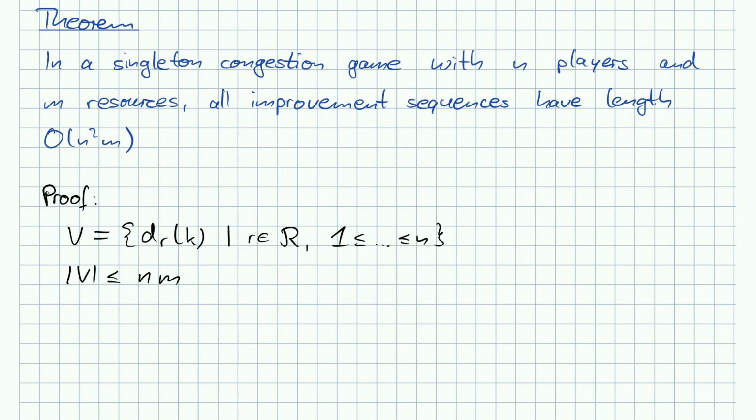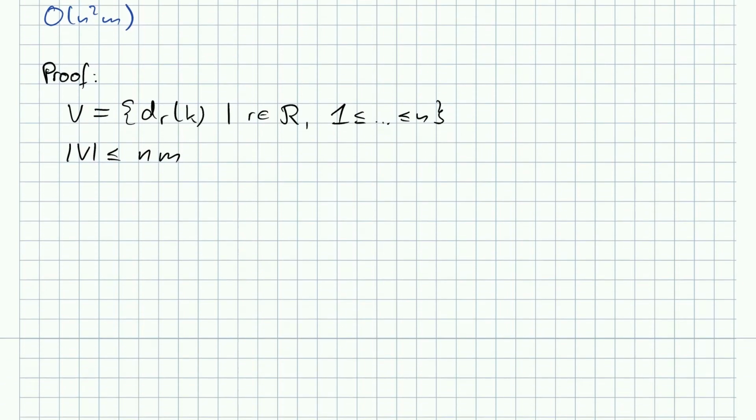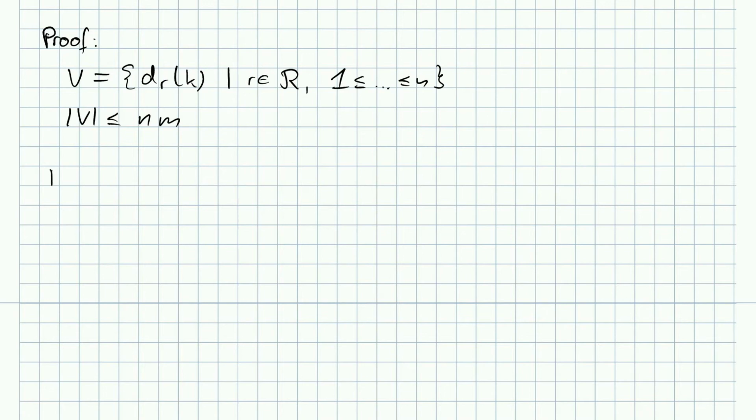Now we do what I said earlier, we define new delay functions, and we write d_r bar of k. What is d_r bar of k? That's the new delay value.